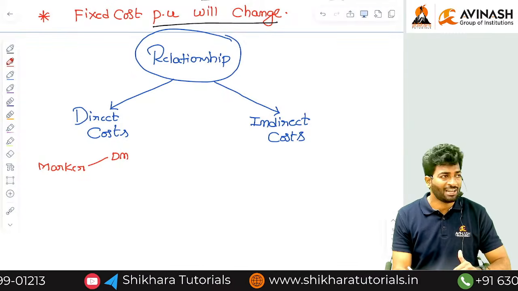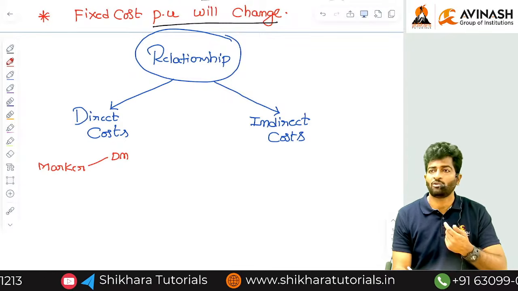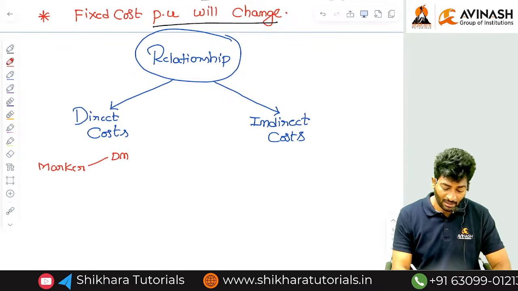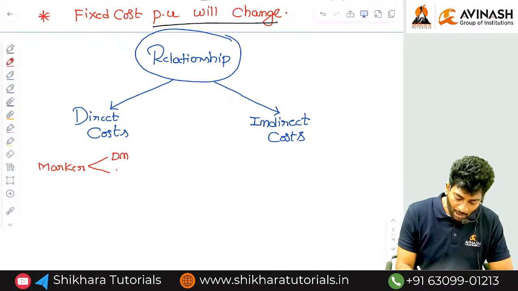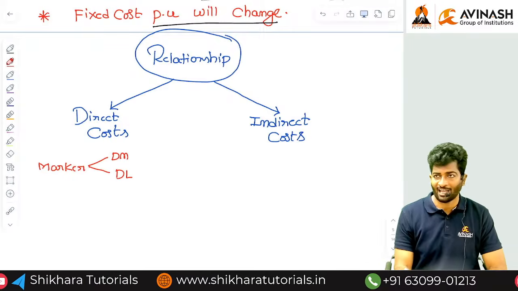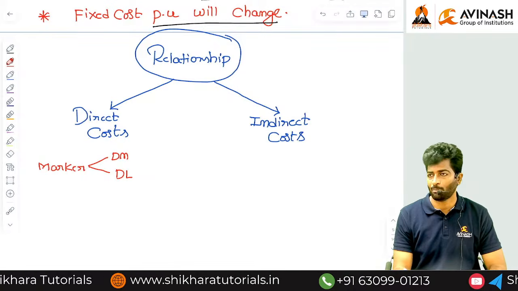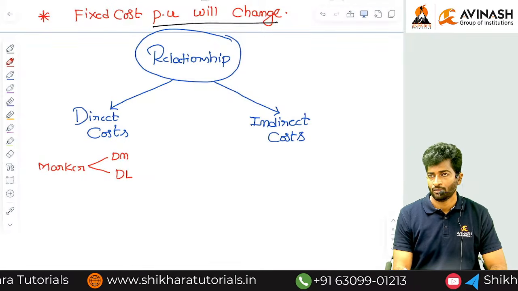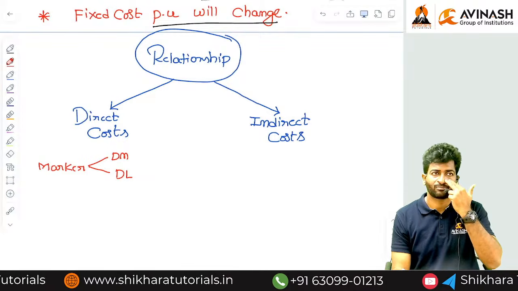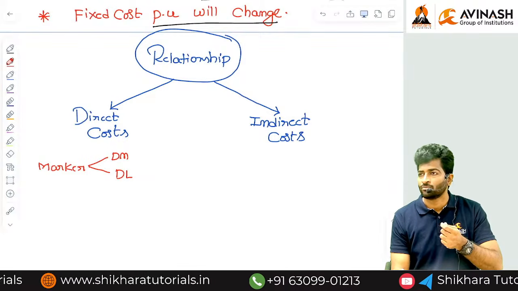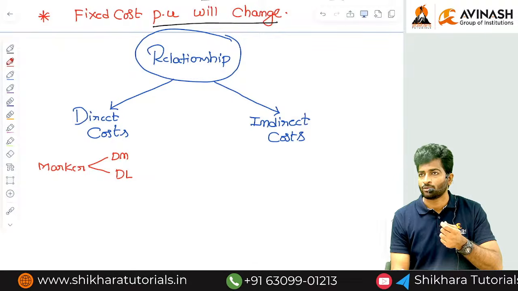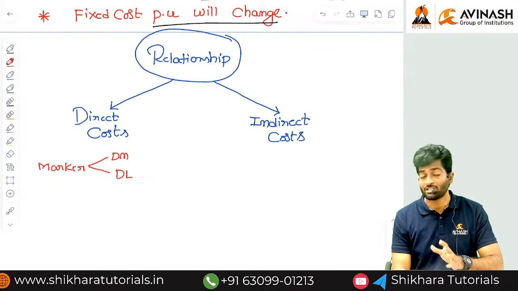And the number of labor hours involved in manufacturing or completing that marker, and for that whatever payment you are making, it is direct labor. And for the same marker, to produce that particular marker.